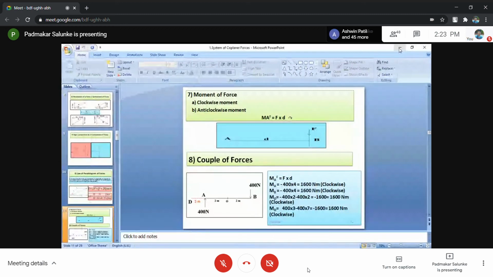Instead of this, if force F is acting in the upward direction, then this rod AB may rotate in the anti-clockwise direction. That is called an anti-clockwise moment. So friends, there are two types of moment. Number one is clockwise moment, and number two is anti-clockwise moment.